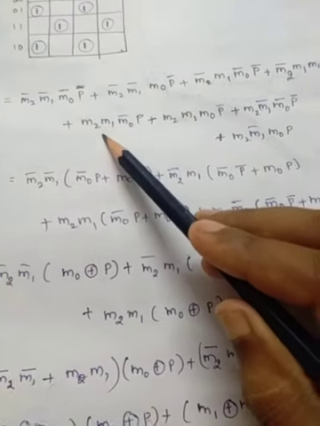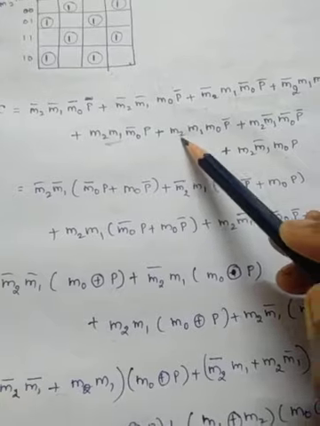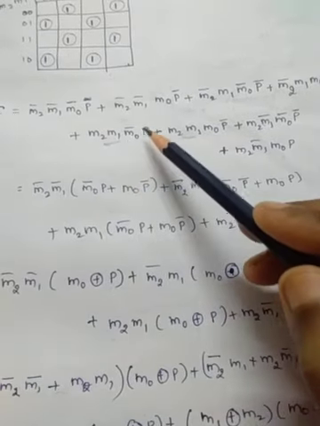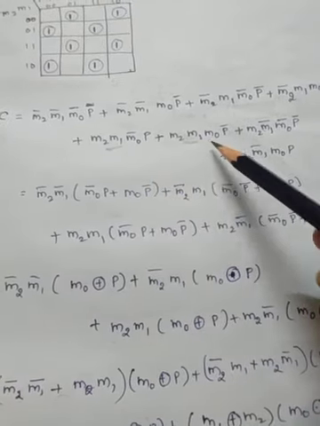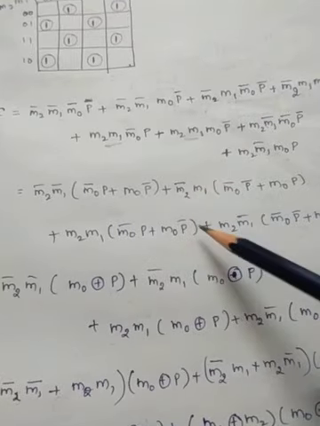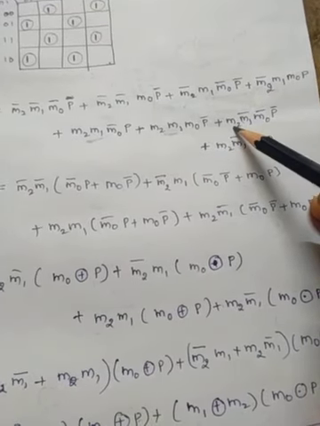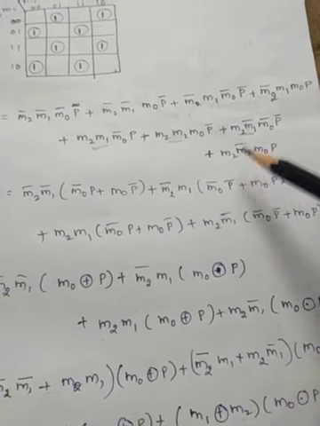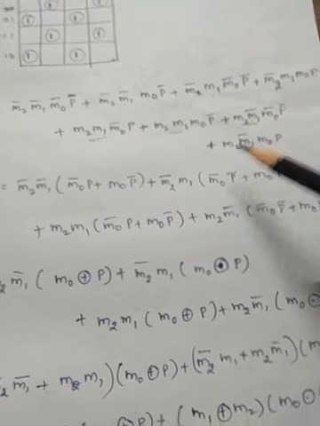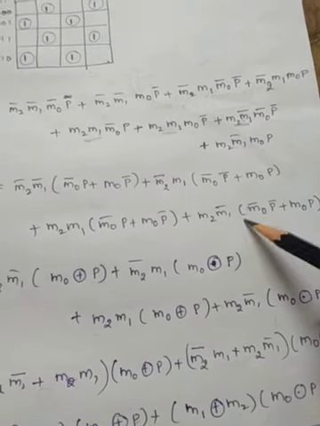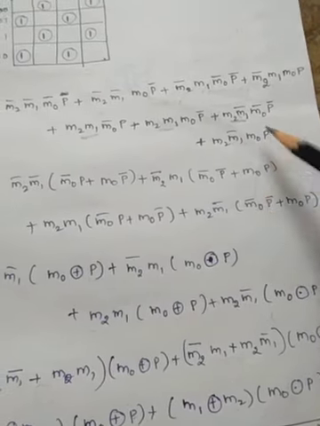Plus, by separating m2 m1, we get m0 bar p plus m0 p bar. Plus, m2 m1 bar is common, so m2 m1 bar into m0 bar p bar plus m0 p.